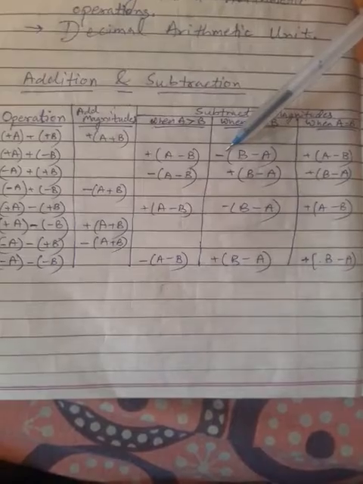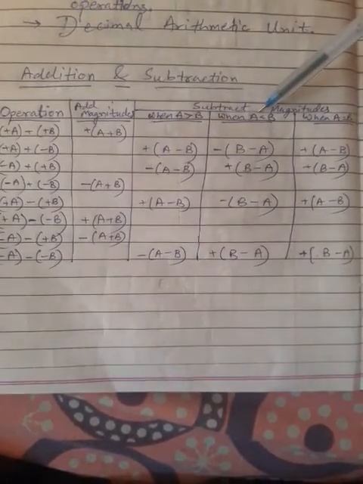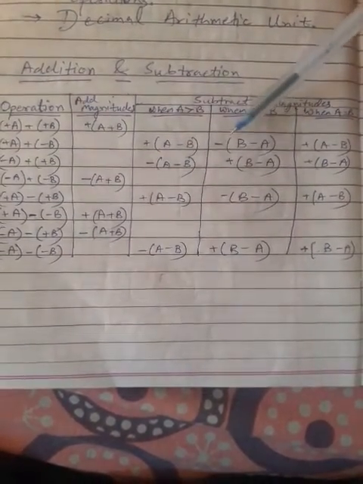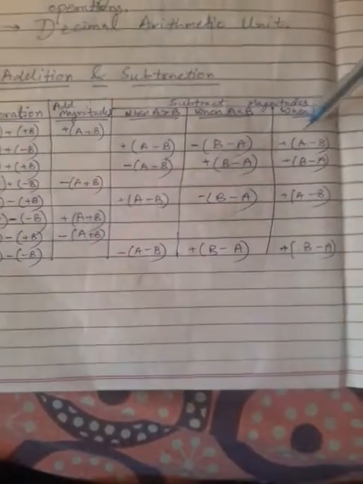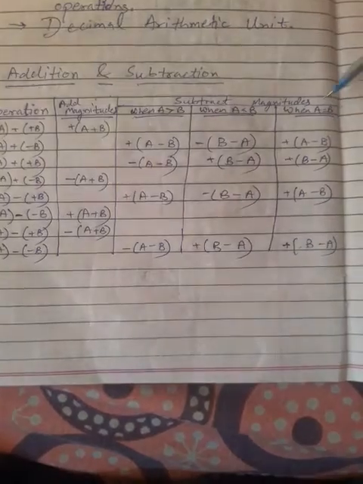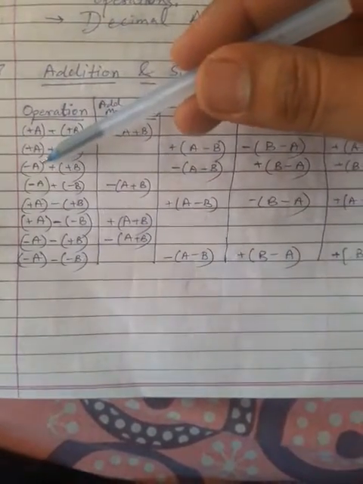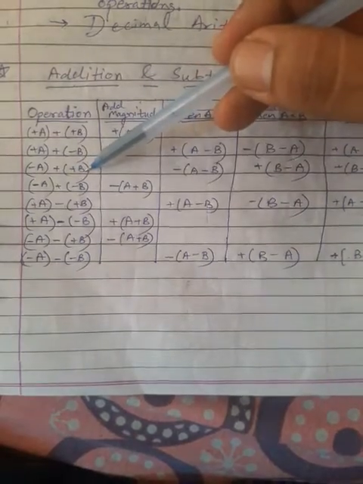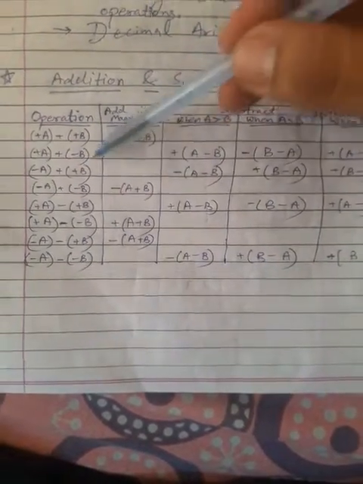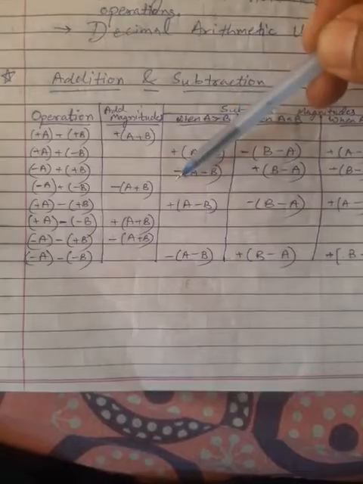When a is less than b, the minus sign will be outside, and b minus a will give a positive number, so b minus a is in the bracket. And when both are equal, the subtraction gives 0. Similarly, now minus a plus b.